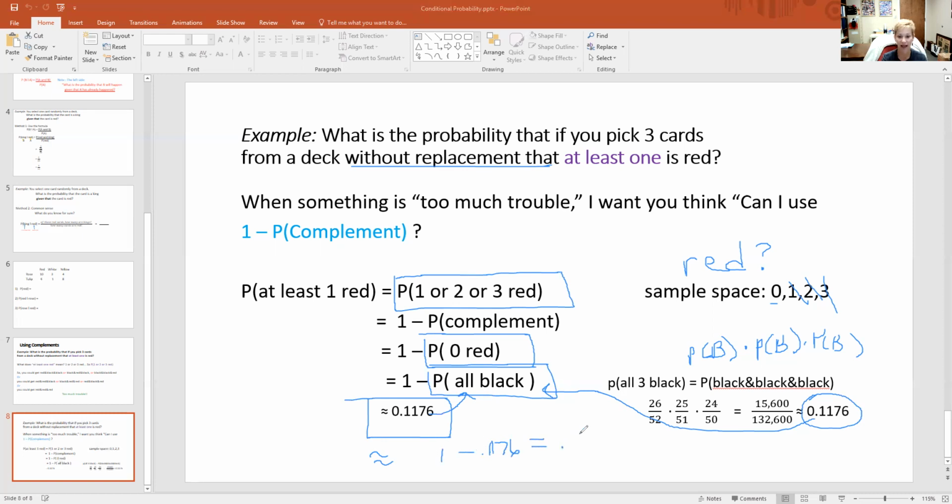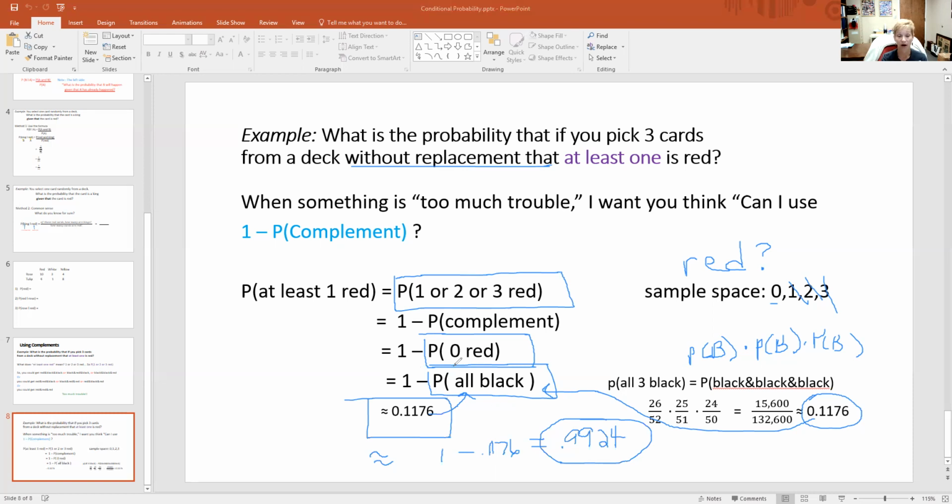So my final answer is 0.9924. Woo, that's a big probability that I'm going to get at least 1 red card if I pick 3. So if you're going to do 1 minus the complement, you've got to figure out exactly what the complement is. And then when you calculate that probability, you've got to subtract from 1.